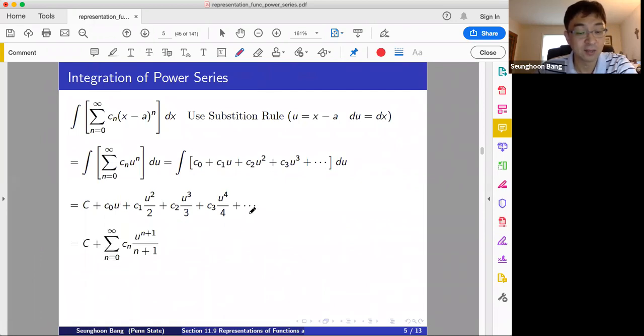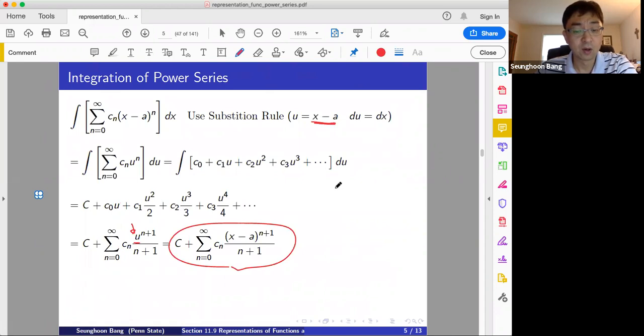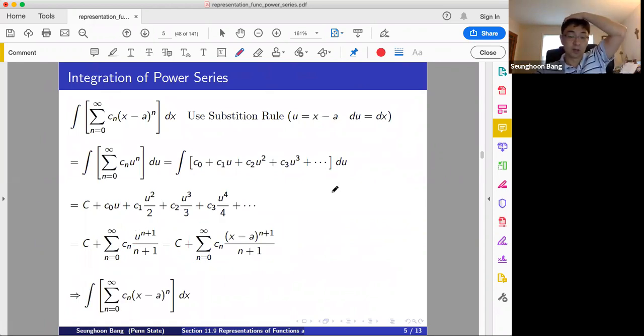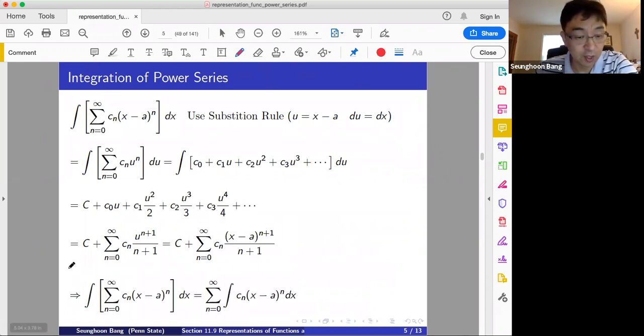So like this, you can change back. U is x minus a, so you can change back into here. We have this form. In this case, only take out the summation and find the integral.